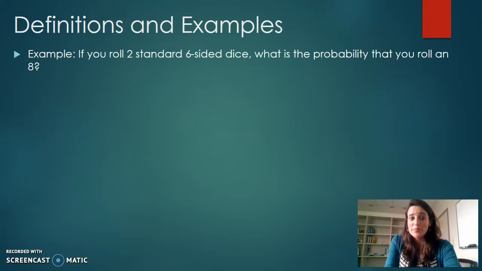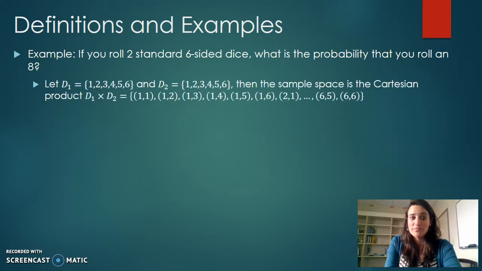So an example, if you roll two standard 6-sided dice, what is the probability that you roll an 8? Well, we have two dice, so let D1 be the set 1, 2, 3, 4, 5, 6, and D2 for die 2, it also has sides 1, 2, 3, 4, 5, 6.